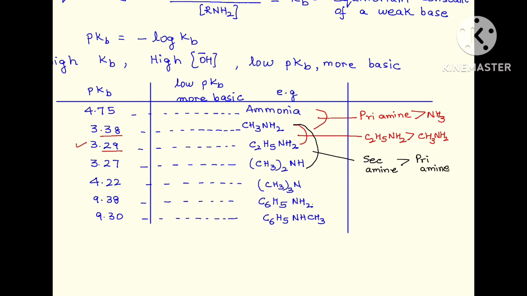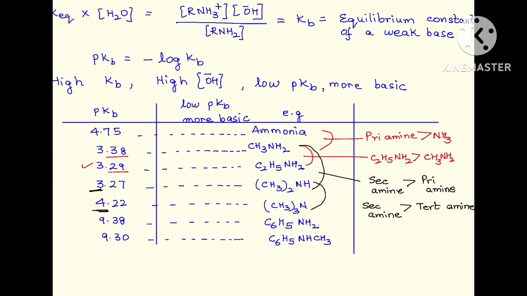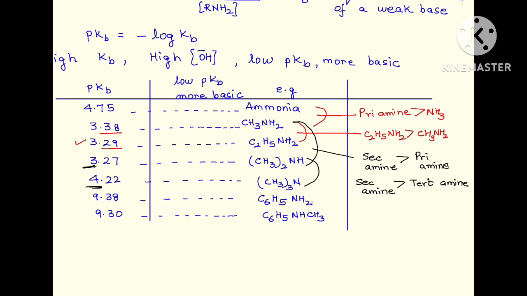Now compare a secondary to a tertiary. Oh, notice something. 4.22 and 3.27. In other words, yes, our secondary amine is more basic than a tertiary amine as well. Remember, we are talking about aqueous solutions.